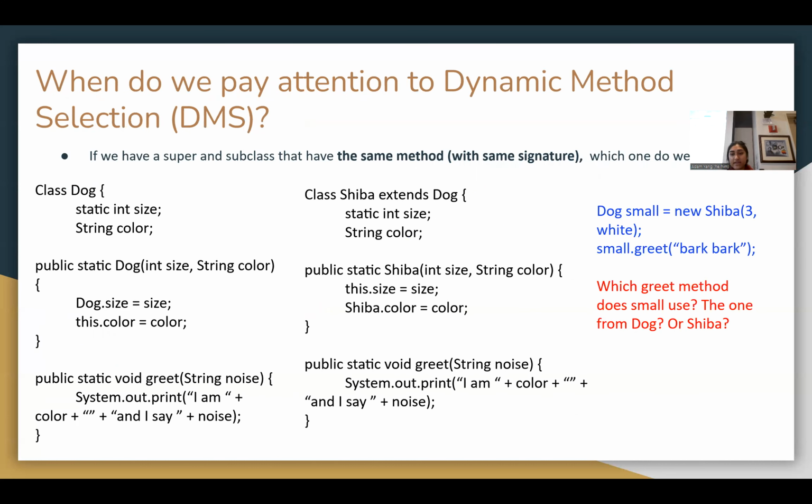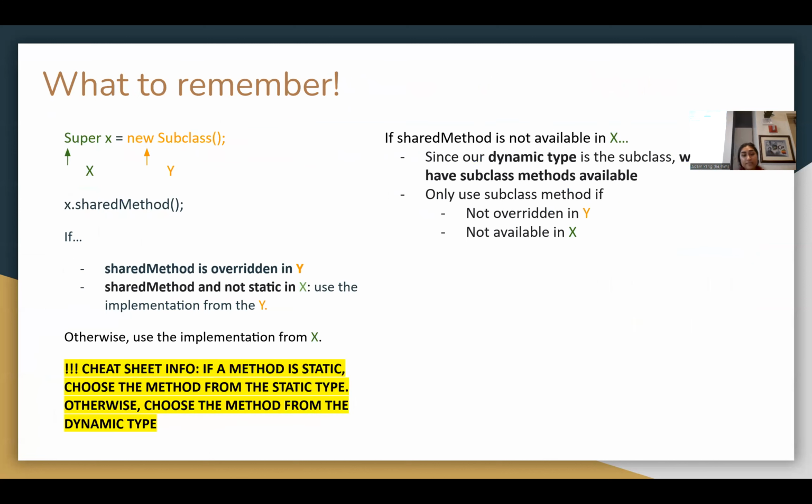You can see that we have the greet method in both the Dog class and the Shiba class. Which one do we use, the one in Dog or in Shiba? The rule is that if the shared method is overridden in the subclass, and if it's not static in the superclass, you use the implementation from the subclass. Otherwise, you use the implementation from the superclass.